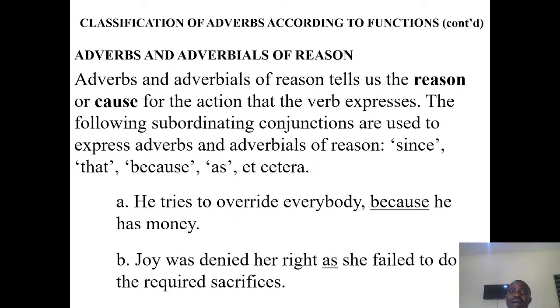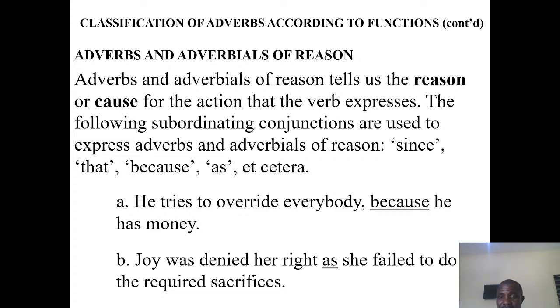Then classification of adverbs according to function, adverb of reason. This one is reason. He tried to override everybody because what is the reason? When you say something, what is the reason why you said it? He tried to override everybody because he has money. Because is an adverb of reason.